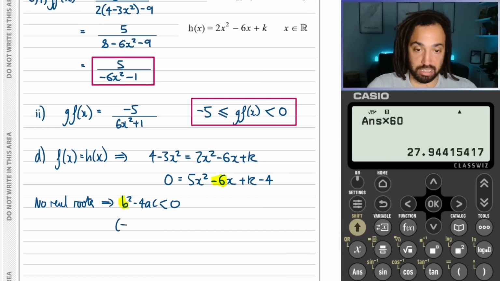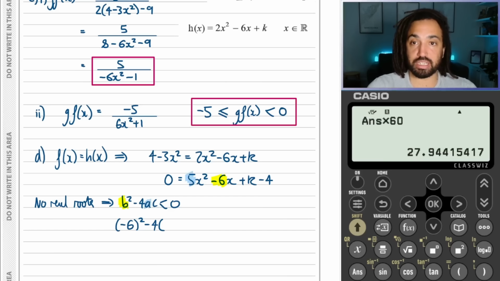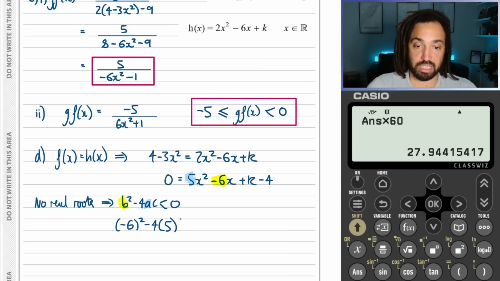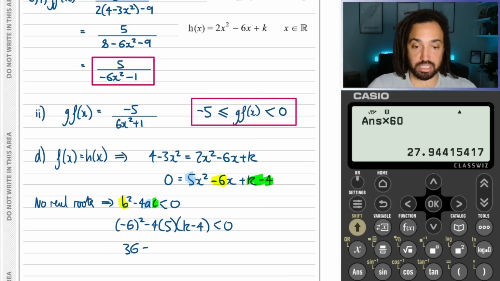So we're going to take that and square it, minus 4 lots of the a term, which is the coefficient of the x squared, which is 5, and then multiplied by the c term, which is the constant term, which is k minus 4. So k minus 4, and we need that to be less than 0. So that's 36, and that is minus 20. So minus 4 times 5 is minus 20, times k gives us minus 20k, and then minus 20 times minus 4 is plus 80.